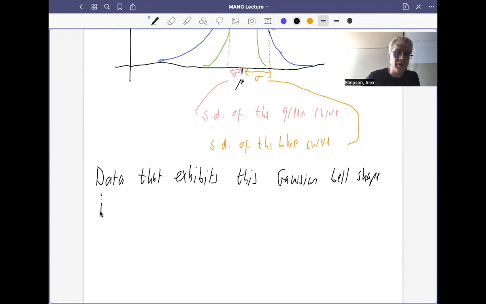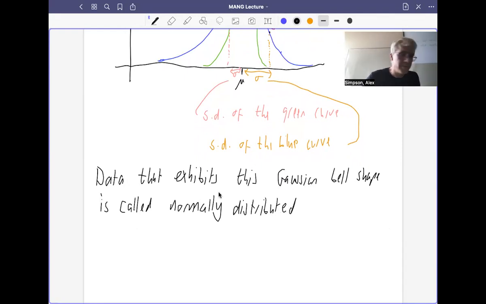Such data is called normally distributed, because that's the kind of distribution we normally expect in many circumstances. We also say it has the Gaussian distribution.